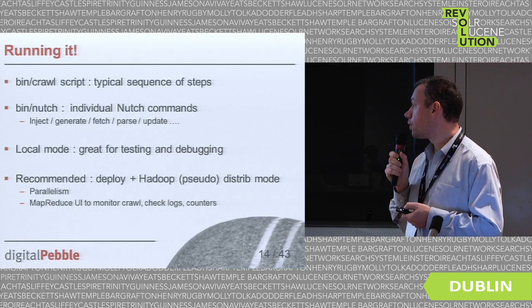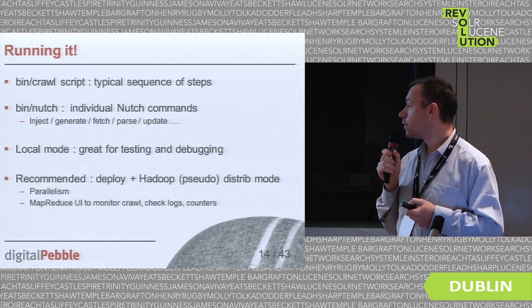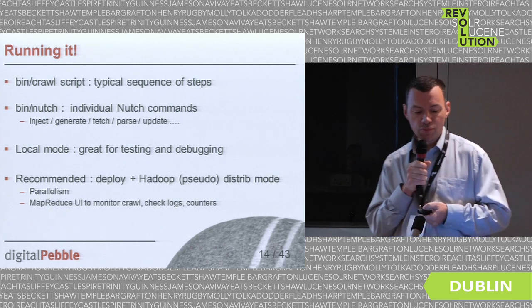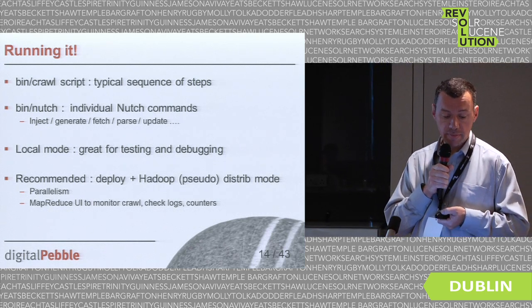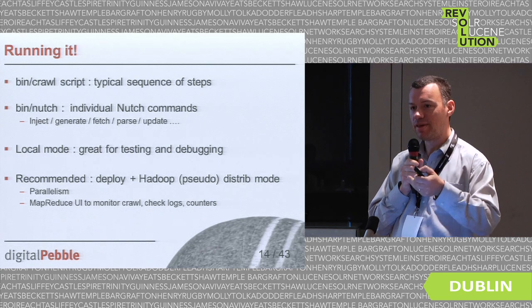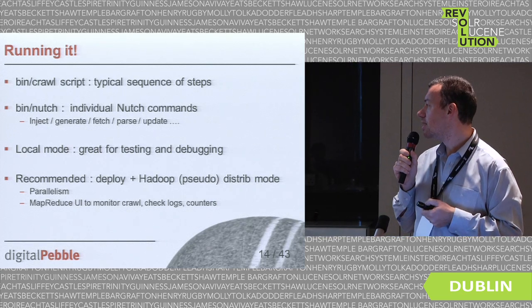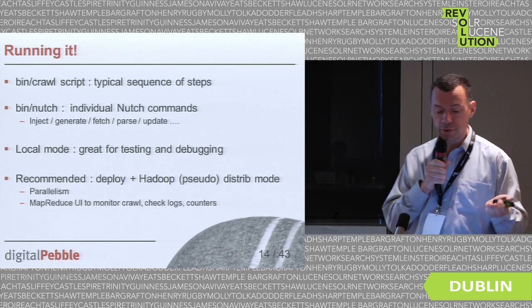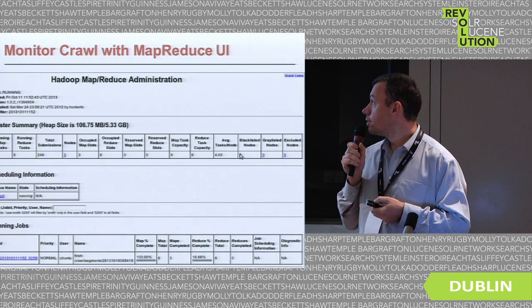The MapReduce UI is a very good tool to see what's happening. If you're in local mode, you don't get any of that, and you have to go through the Hadoop log file to see what Nutch's been up to, and it's not great. But the local mode is good for debugging, so they're both useful.